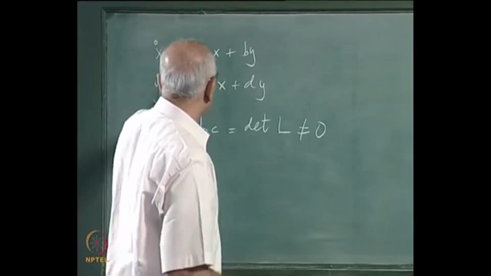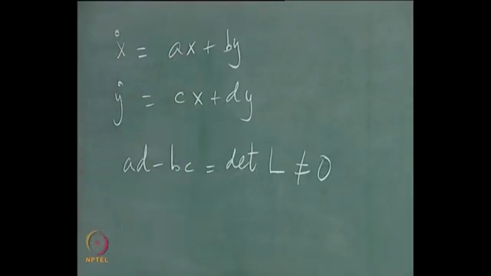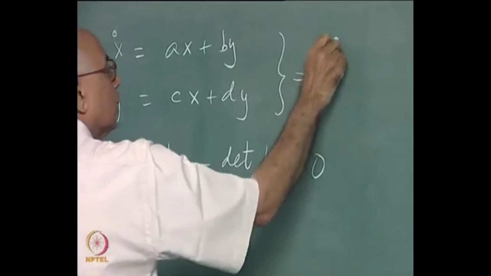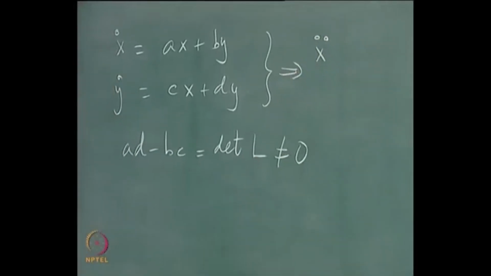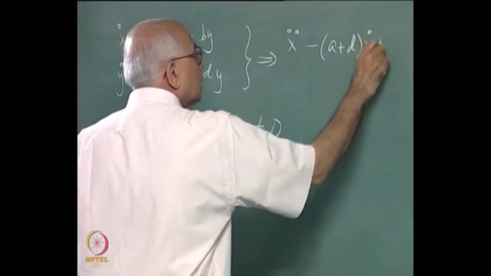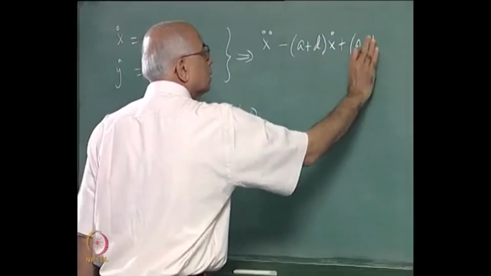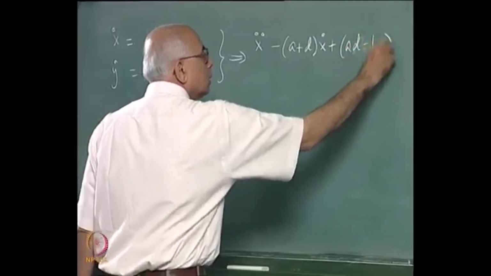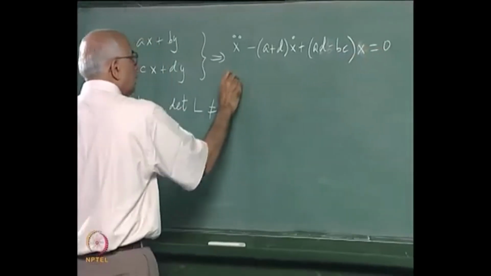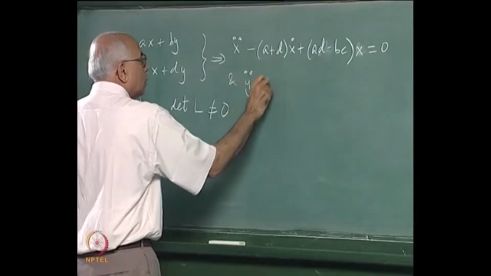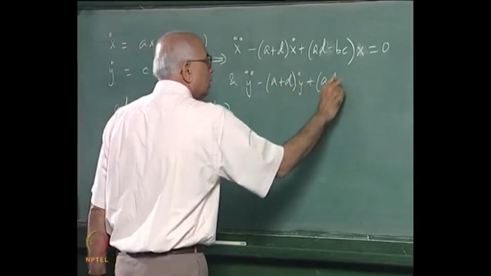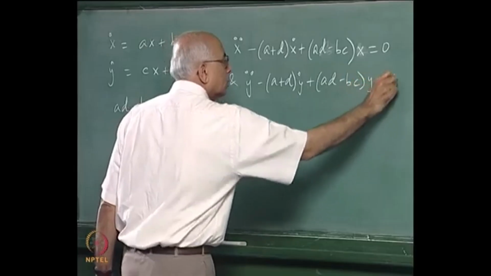Now if you eliminate either x or y from the set of equations, then this implies a second order differential equation for x, which is of the form x double dot minus (A plus D) x dot plus (AD minus BC) x equal to 0, and similarly y double dot minus (A plus D) y dot plus (AD minus BC) y equal to 0.